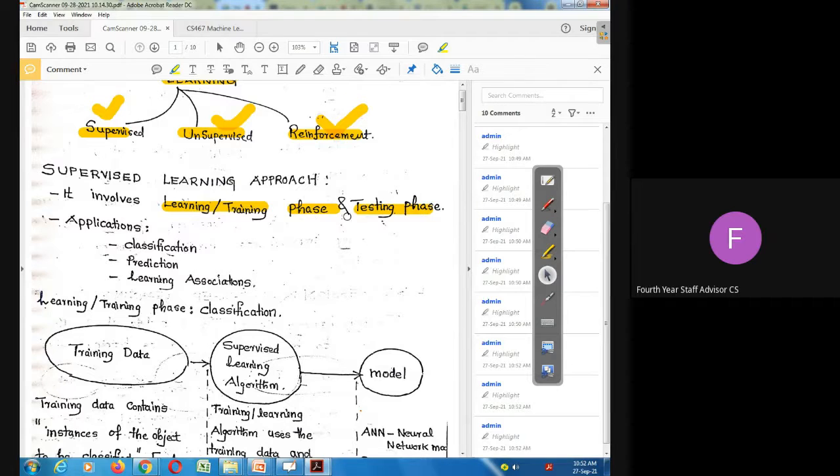This is a very important point regarding the supervised learning approach. In the learning phase we will use data and a learning algorithm.